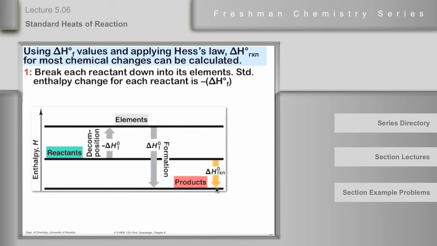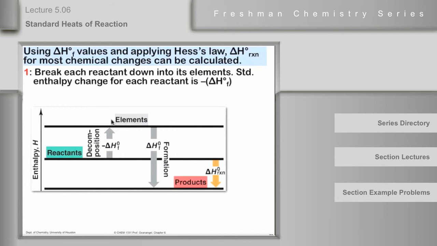Okay? But let's suppose we don't want to do this in a calorimeter, and we would like to have an alternate way to get the delta H of reaction. The alternate way that I'm going to show you now uses delta H's of formation. Now let's suppose we take the reactants and we break them down to their elements. All the reactants are broken down to their elements. By the definition of delta H of formation, this is the reverse of the formation reaction.